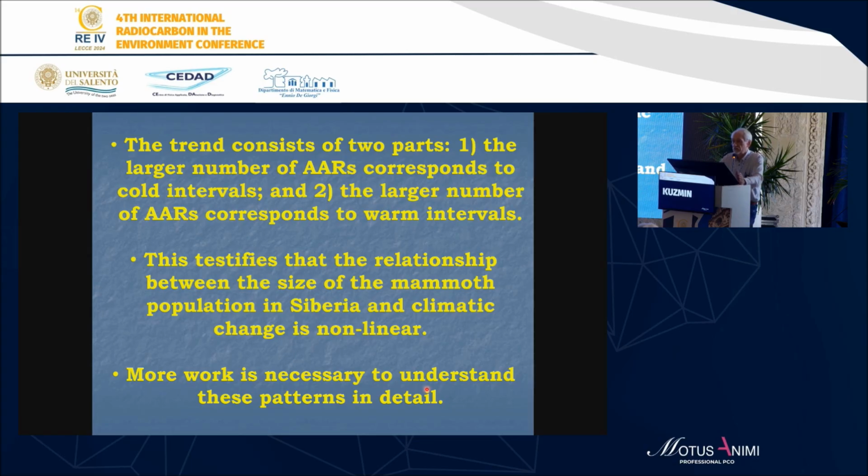It's just more complicated, and more work is needed to understand it in detail and to try different models of correlation and correspondence. But I'm pretty sure it was not a simple model like: it's getting cooler, there are more mammoths; it's getting warmer, there are fewer mammoths. No. The situation was very different from such linear thinking. We are trying to get more information, and these are just the first results we presented here.